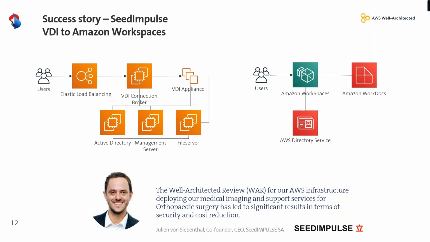So the solution was simplified from having 4 to 5 different EC2 instances running the VDI to only the managed service. We saw an improvement in operational excellence because there's just less to operate, and they just consume the WorkSpace and let AWS handle the rest.